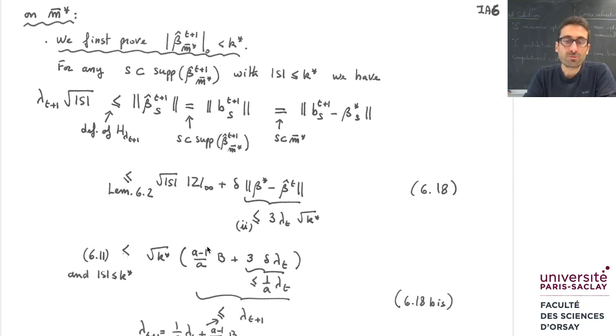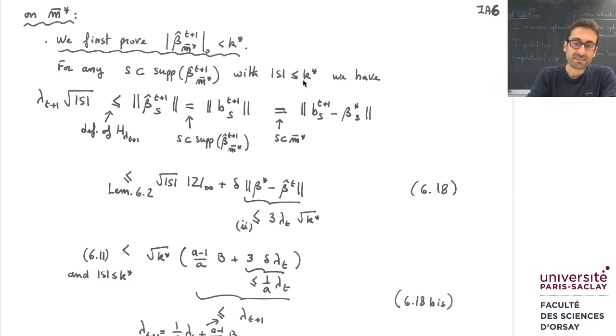For this, we take any subset S which is inside the support of beta t plus 1, but outside of M star. We take any S like this, which has a cardinality smaller than k star, the number of non-zero coefficients of beta star.